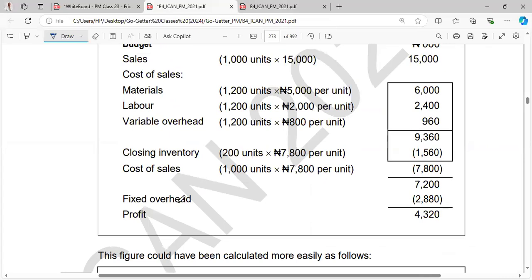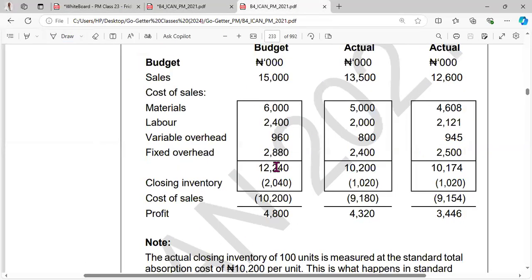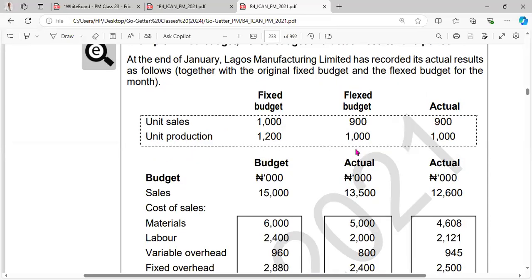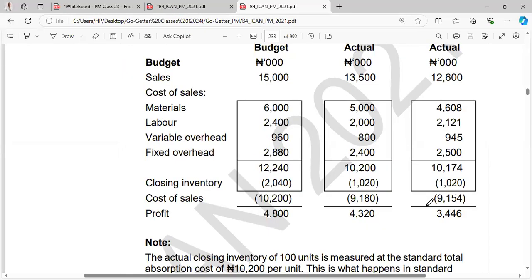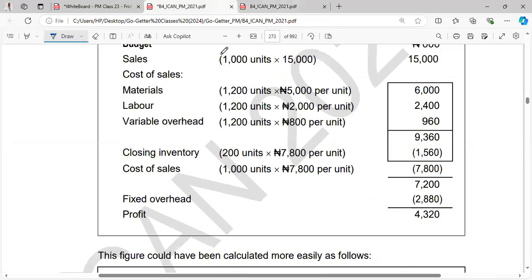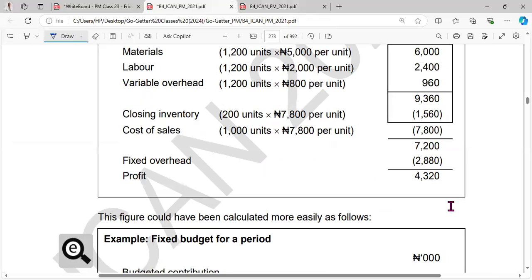Now your fixed overhead, you're using 2,880. It is still the same thing here because fixed overhead is still the same amount, whether you are using 1,000 production or 900. So the budgeted profit is still the same thing with this flexed budget.